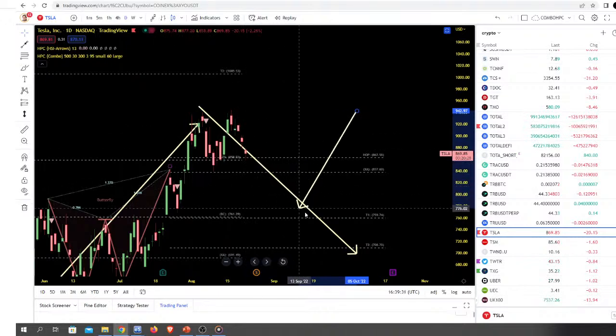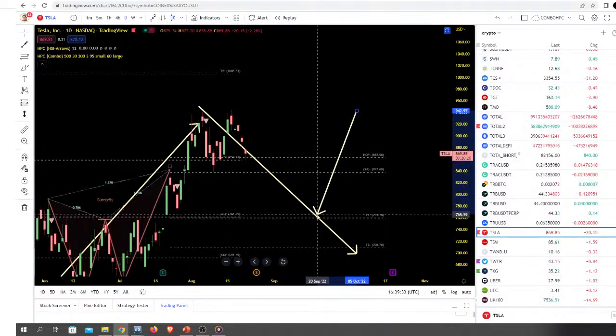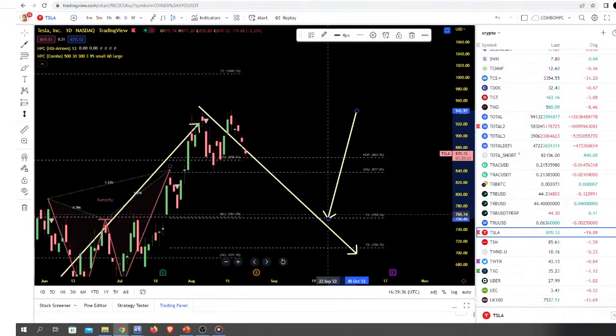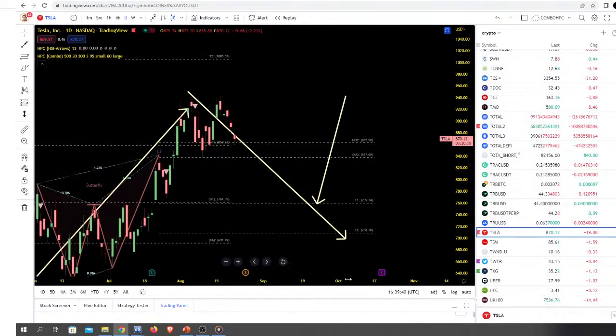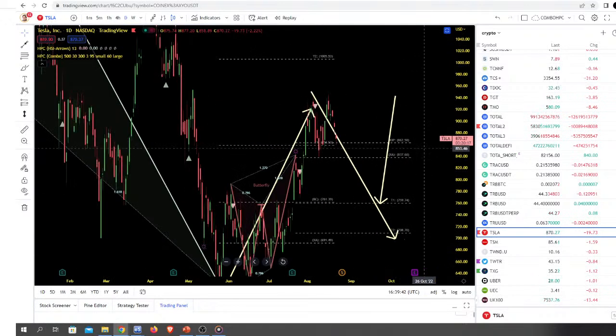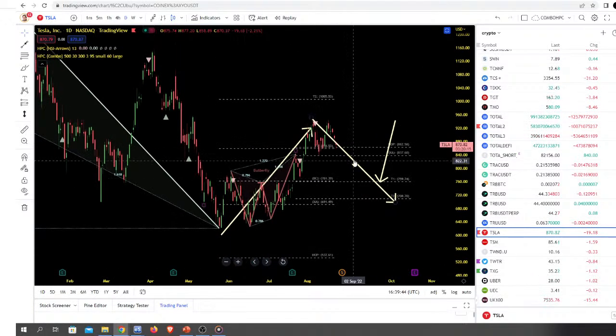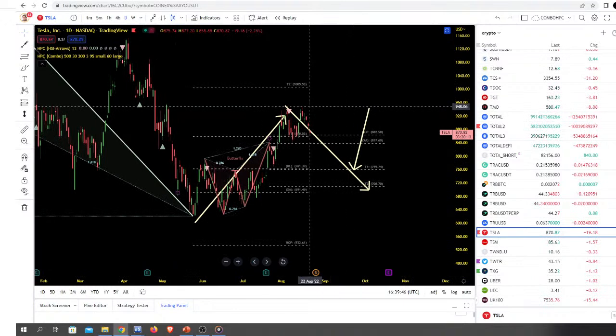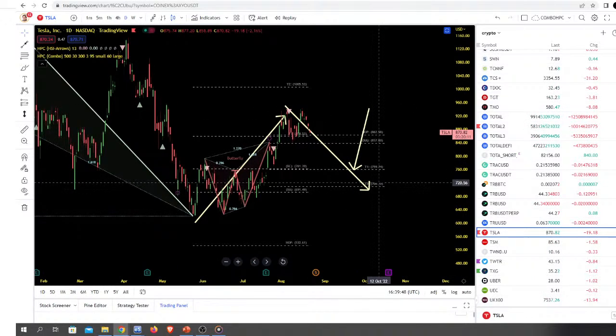That tells me we're in reaction mode. Minimum on the butterfly, 759. So we're still down. I'm not looking for any longs here. I'll look for shorts, but I'm not looking for any longs until we come back and retest these larger zones.